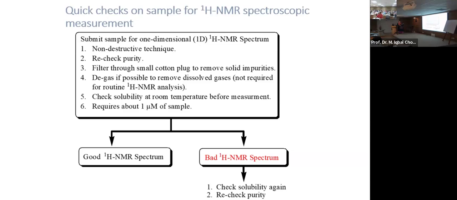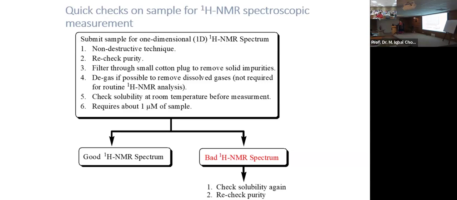That is why we have to degas it, because we do not want a spectrum which doesn't say what actually happened. NOE is a very important technique, specifically if you want to determine the stereochemistry of your molecule. For any carbon, the stereochemistry can be defined using NOE or NOESY techniques. And for that, we need to degas the sample. And you need to check the solubility at room temperature.